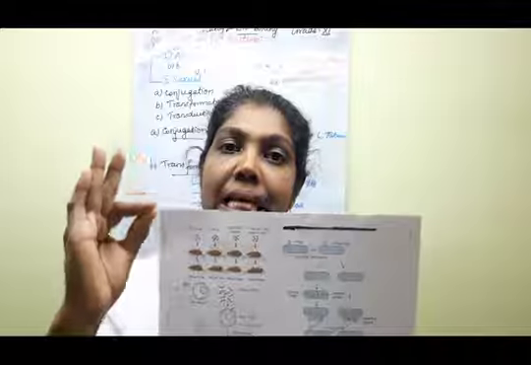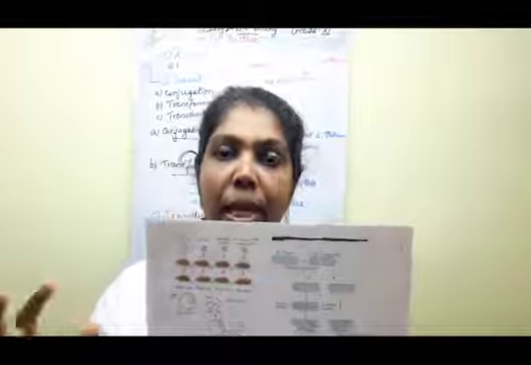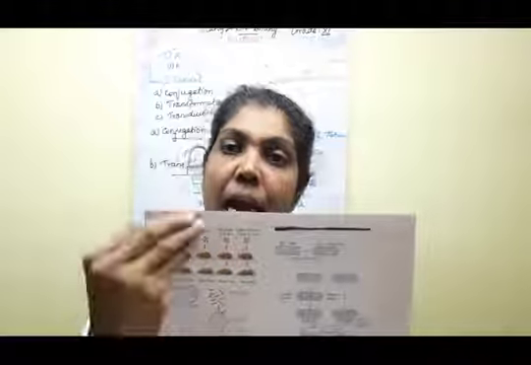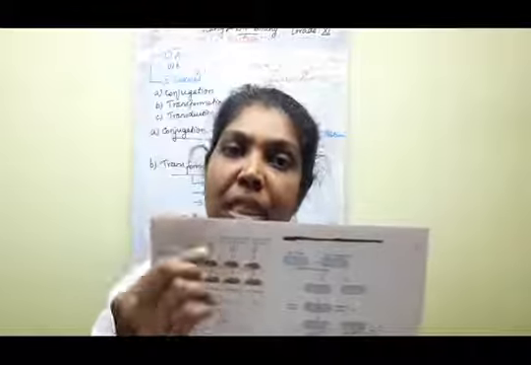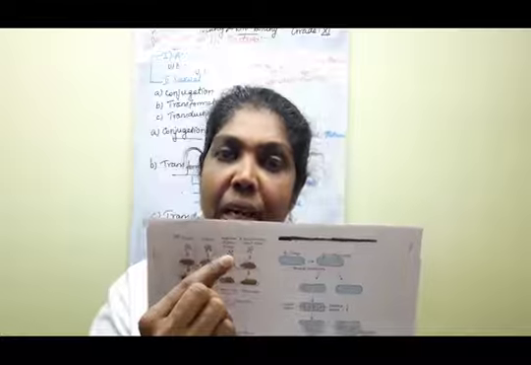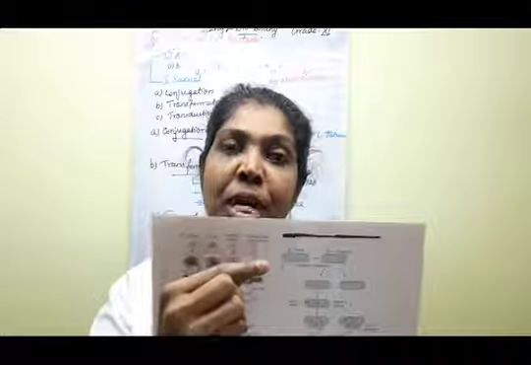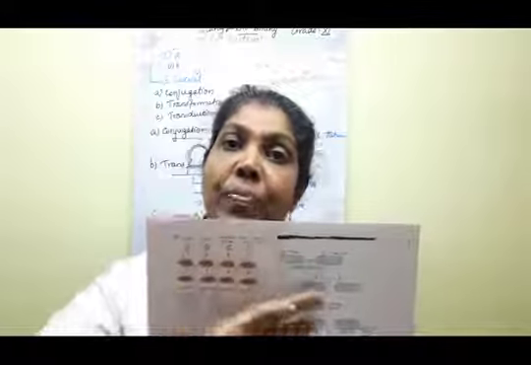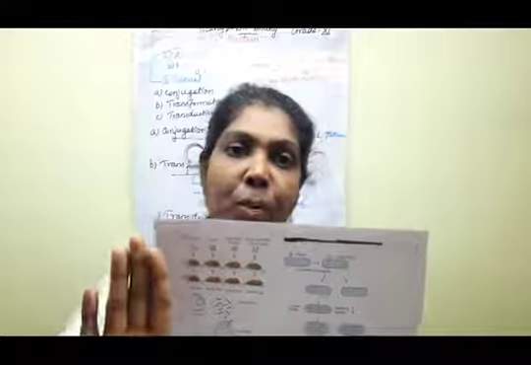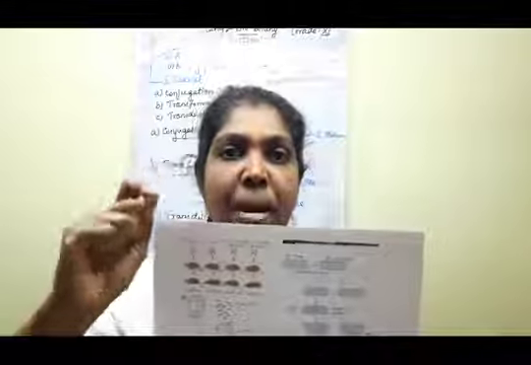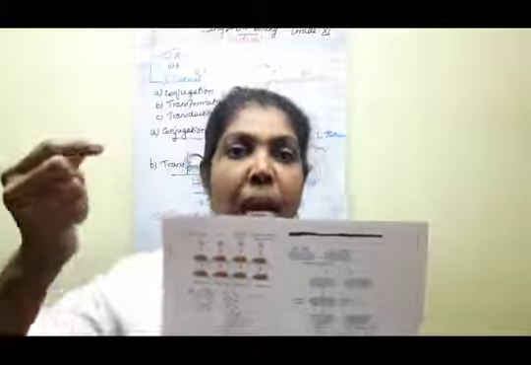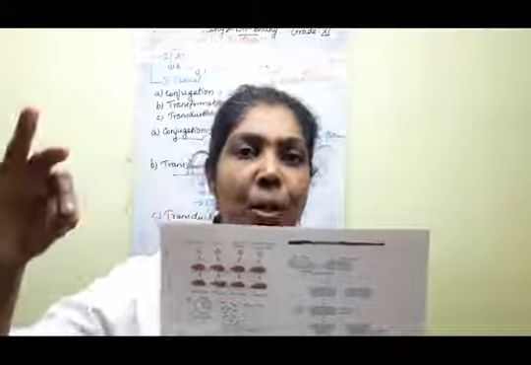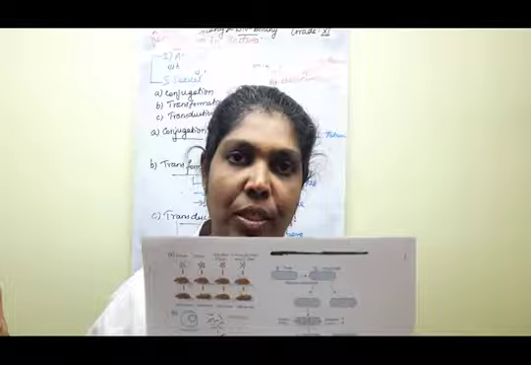First, generalized transduction. The ability of the bacteriophage to transfer the DNA material without specifying the position, so it can be inserted at any place in the bacterial chromosome, is known as generalized transduction.